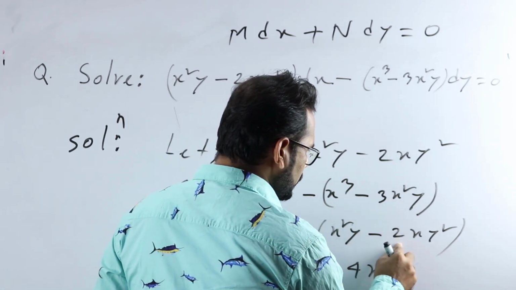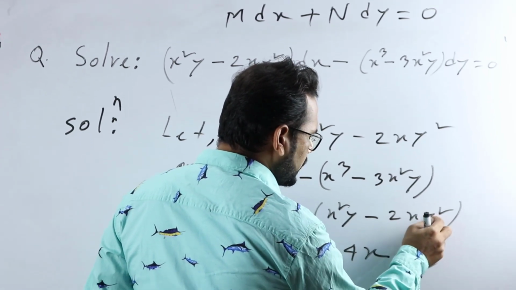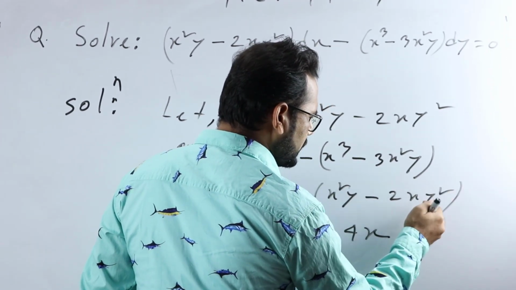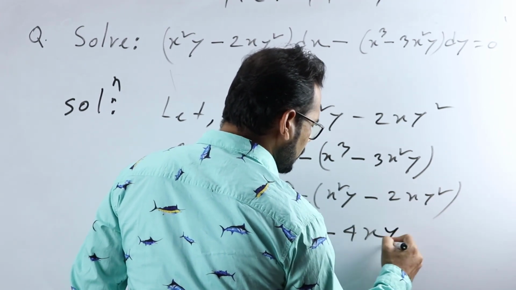Minus 2x is a constant term, and if we differentiate y square, then it will be 2y, then it will be 4x y.